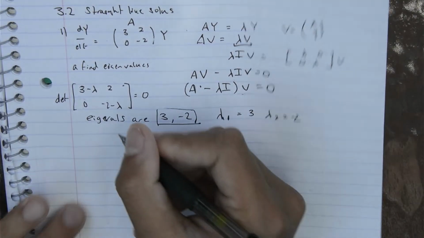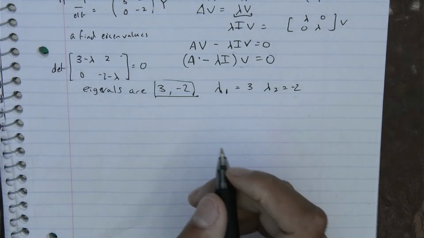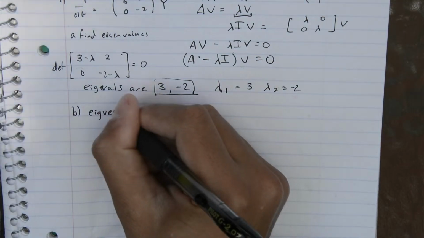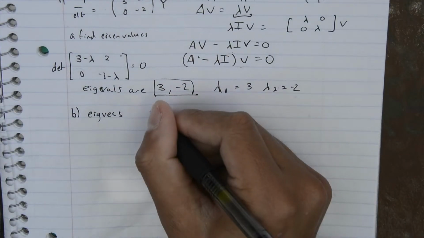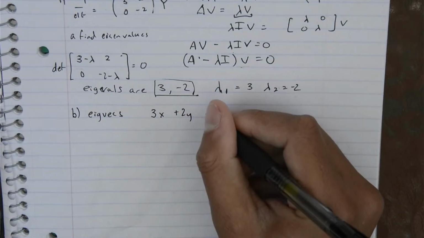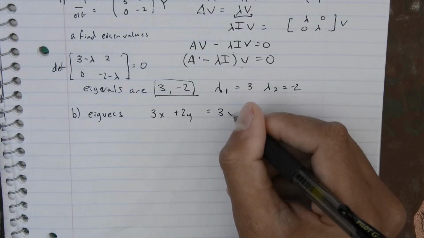Okay, so now for part B, we're going to find the eigenvectors. So the way that we're going to do this is, we have 3x plus 2y is equal to 3, wait, let me, hold on.